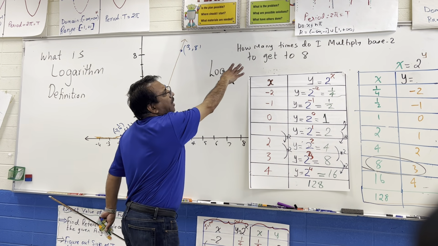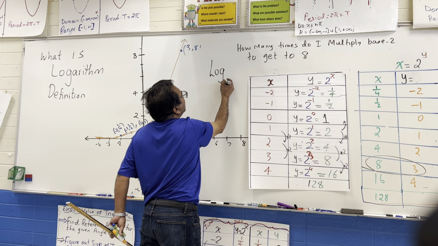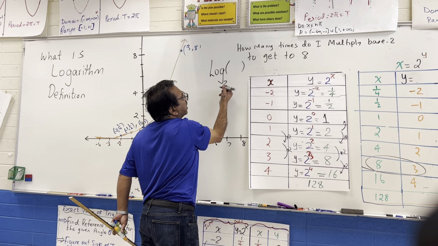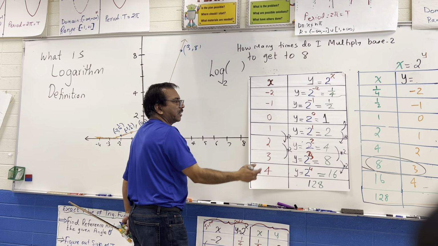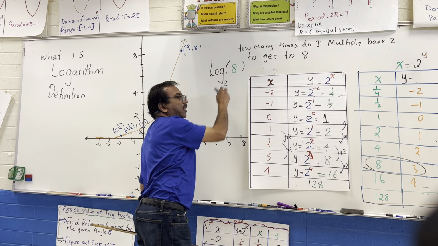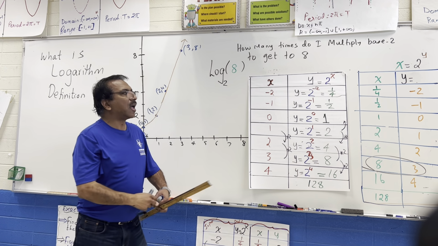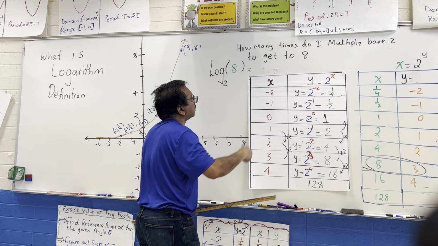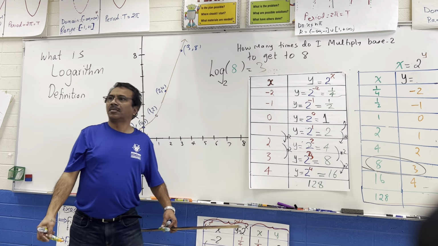He said, okay, that's too much work to write. He just put 2 at the bottom, called the base, and then put a parenthesis to say which number you are talking about, the green numbers. And the green number is, we say, okay, 8. Can you see that? And the answer is what? What answer did we get? 3. Agree?